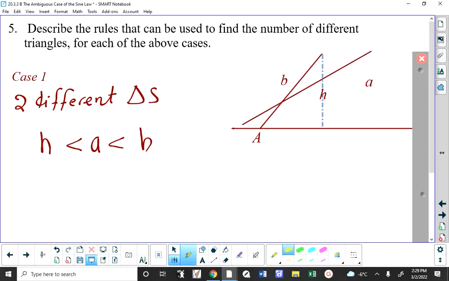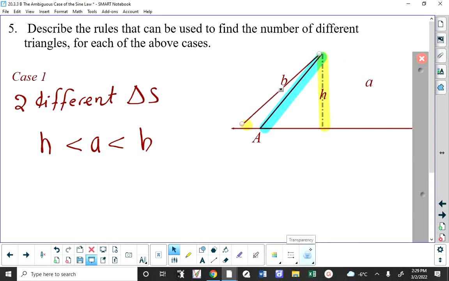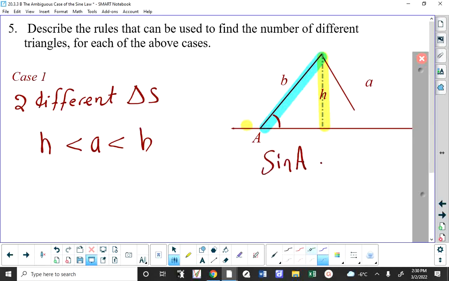It has to be somewhere between those two heights. It has to be bigger than H, which is yellow, and smaller than B, which is blue. Now, the thing about H is if you start talking about sine of angle A being opposite over hypotenuse, you can write that relationship.